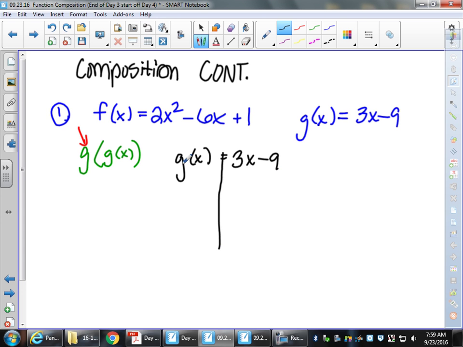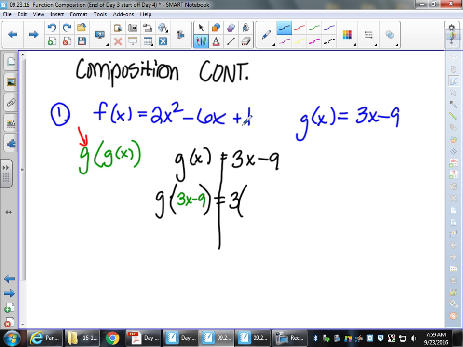Yeah, nothing wrong with that. We're plugging a function into itself. Why is that possible? Because that's what makes math awesome. There's nothing that prevents us from being able to do that.